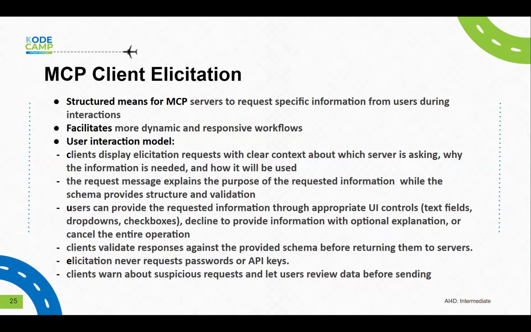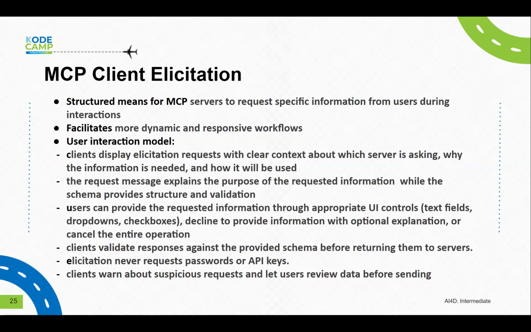Elicitation is used for the server to request additional information from the user in order for it to be able to process the request that it got from the client. Of course, that request is on behalf of the user. So it facilitates more dynamic workflows.